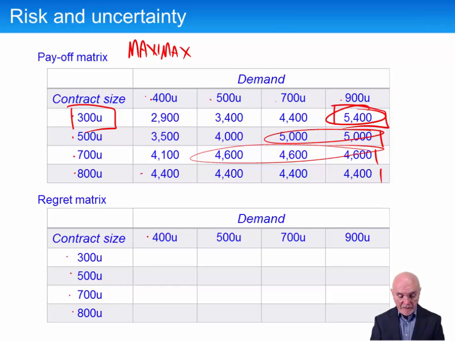That will give us the best outcome if demand happens to be 400. And if we had signed up for 800 units to the special customer, we will say to ourselves, I'm really happy because I couldn't have done any better. So the regret there will be 0.